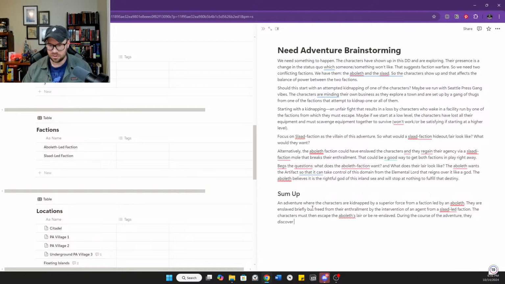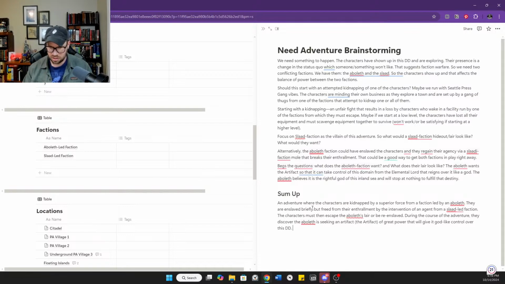They discover the Aboleth is seeking an artifact, the artifact of great power that will give it god-like control over this domain of dread.